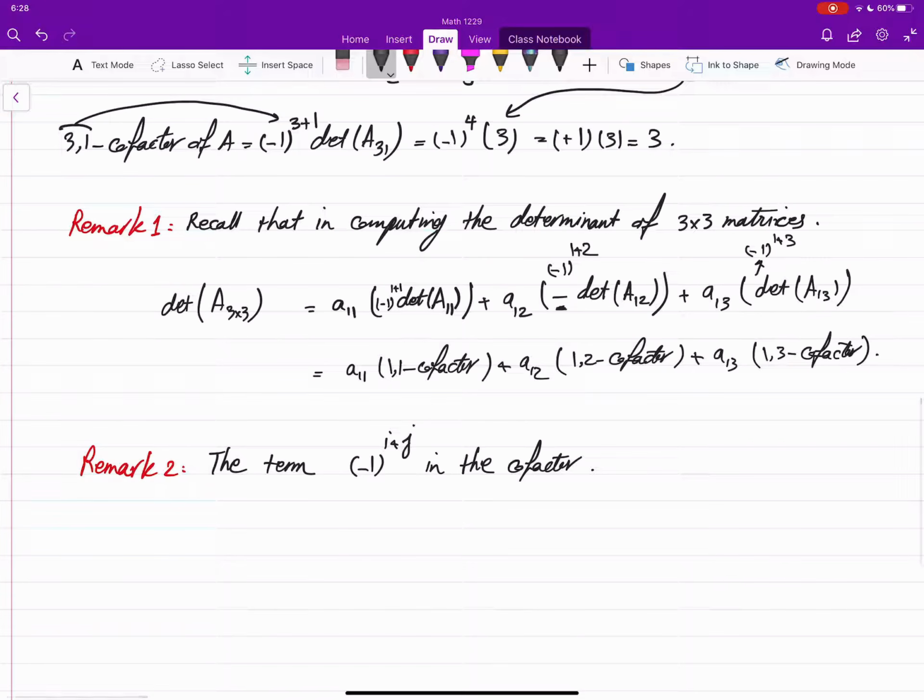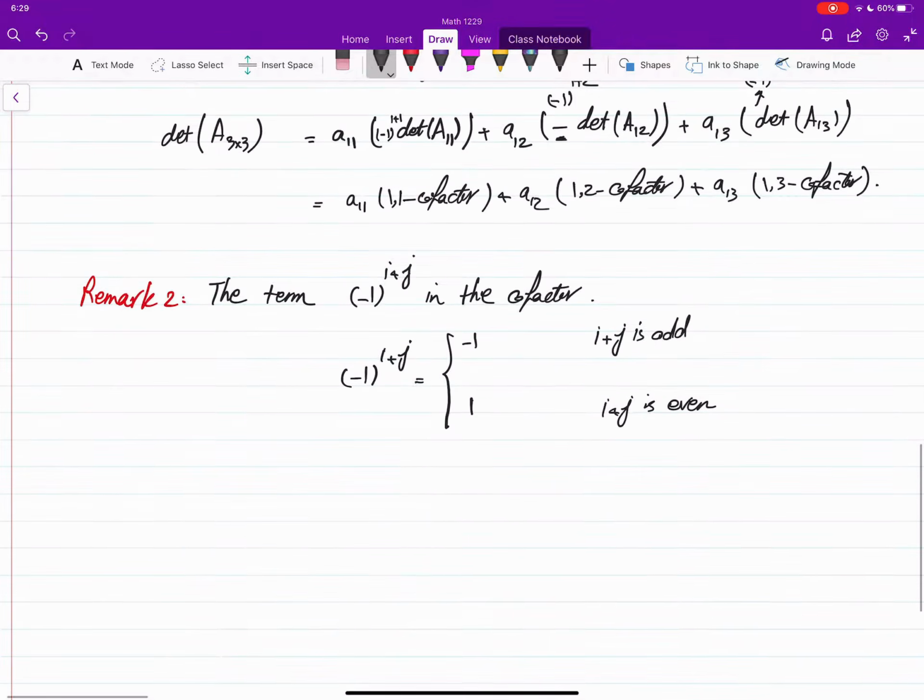But what is this -1 to the power i plus j? Well, if i plus j is odd, then we have -1 to the power odd, which is negative. And if i plus j is an even number, then it is -1 to the power even number, which is always 1.